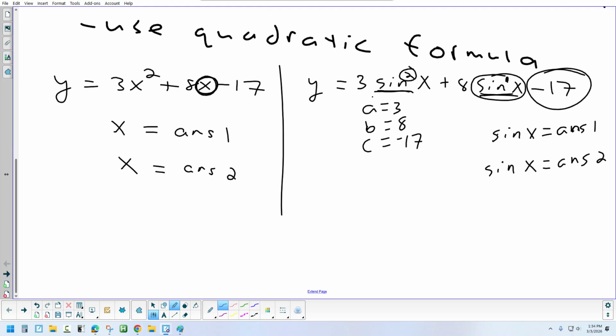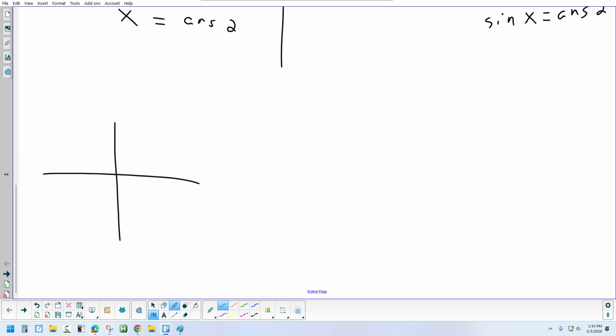What else? Oh yeah. We're going to need this chart. I just want to review what it means real quick. What does the A stand for? All, and all what? For sine, cosine, and tangent, in the first, what's it called? Quadrant. In the first quadrant, all of the answers should be positive.